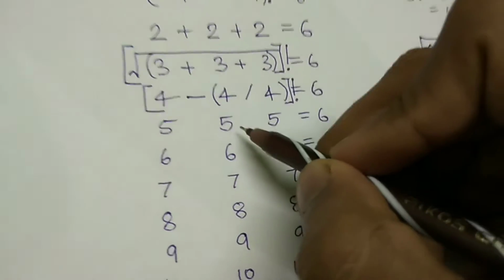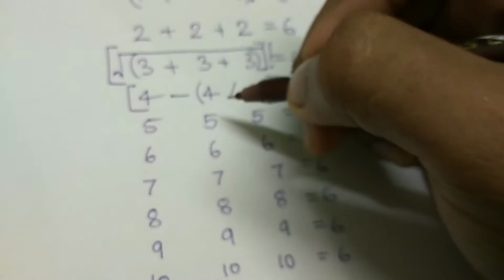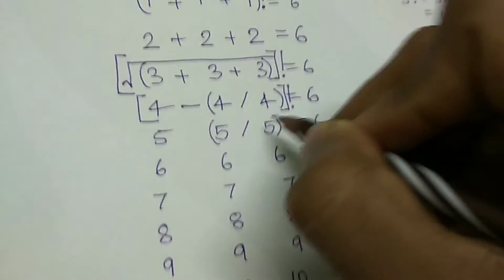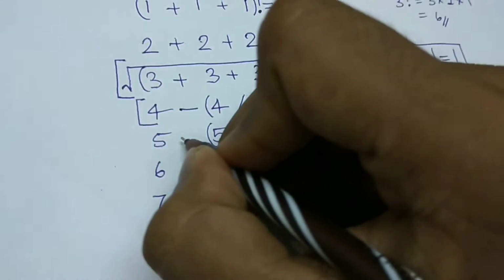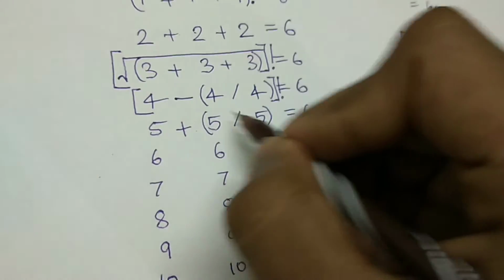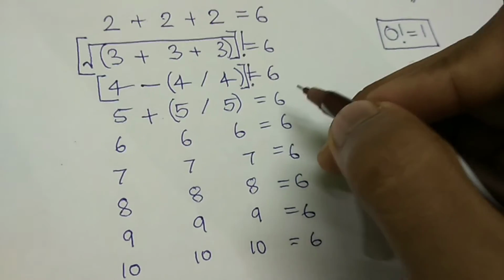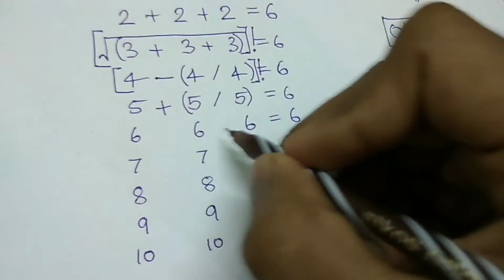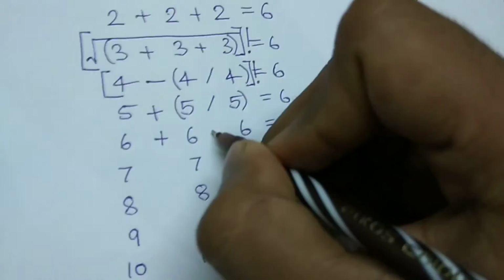So this 5 is also a little bit similar to 4. So we will again divide these 5s, which will become equal to 1, and then we can add it. So if you add 5 plus 1, that is equal to 6. And the 6 is really easy, because you can just add these 6s and subtract.